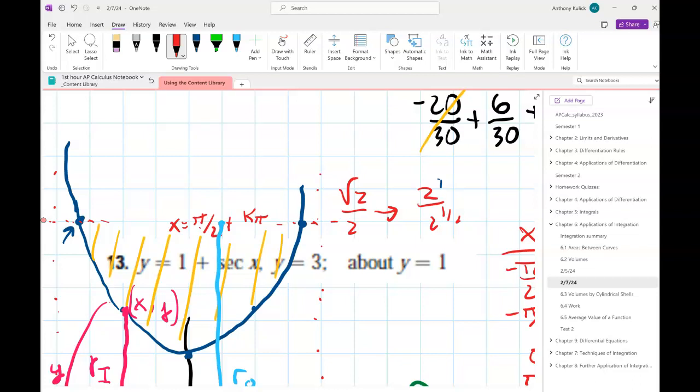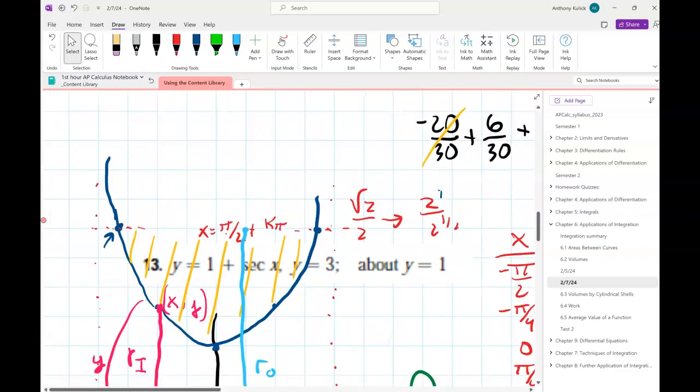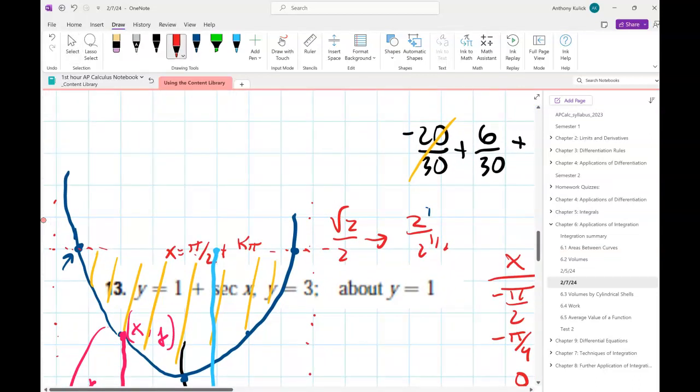Oh no! So let's figure out what that was. We need y equals 1 plus secant x. We need that to equal 3, right? Everybody feel okay? So to solve this, I'm going to subtract 1 from both sides.